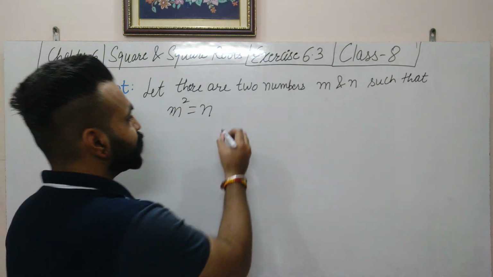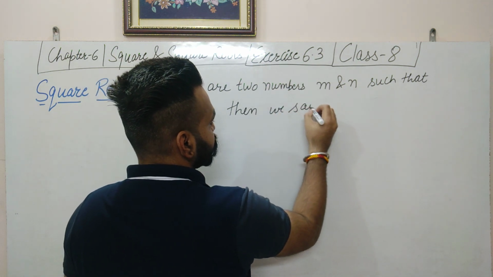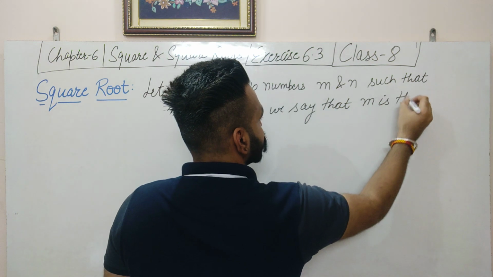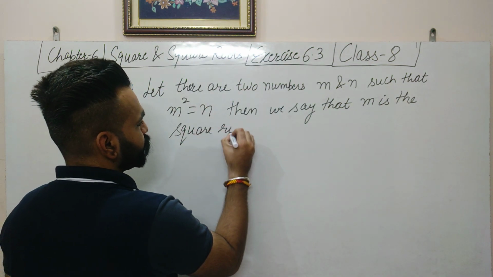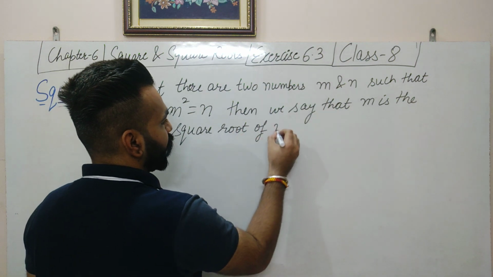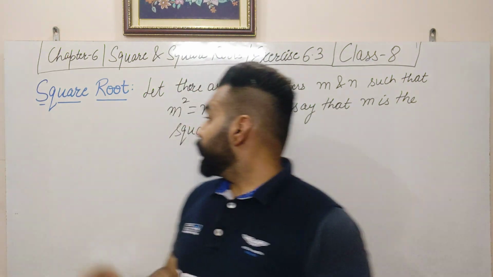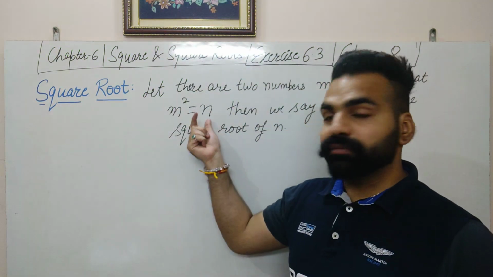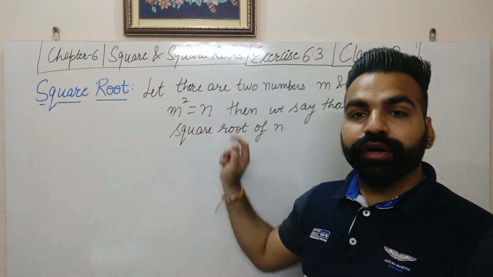Then we say that m is the square root of n. So if square of any number is equal to some other number, then this number m is called the square root of this number n.